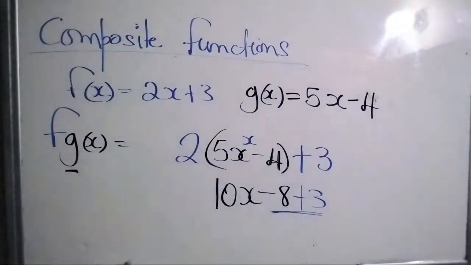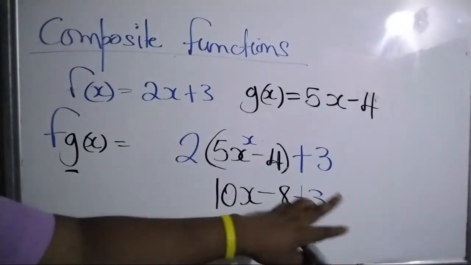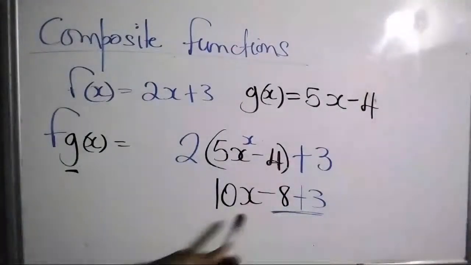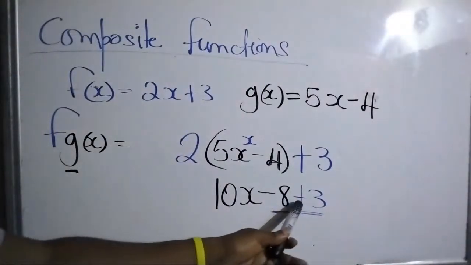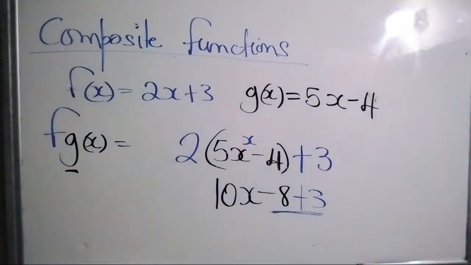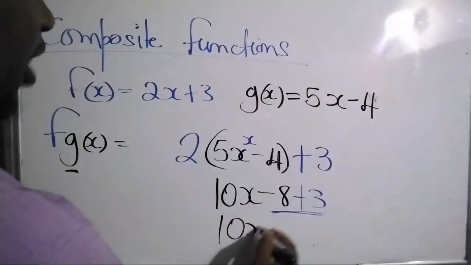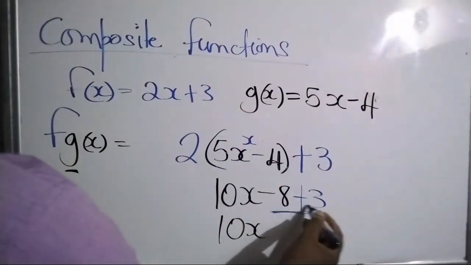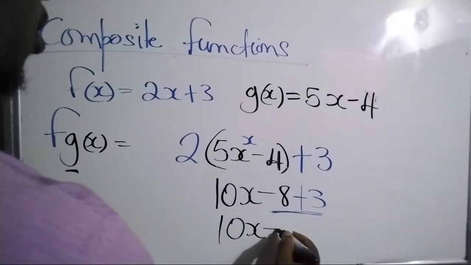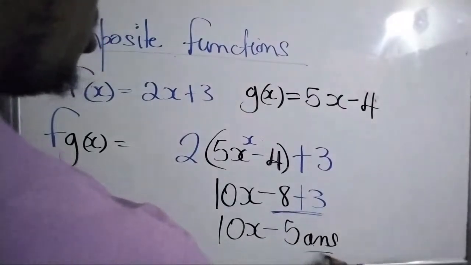A common error is students will say 10x minus 8 is 2, plus 3 is 5. No, guys, remember this has x. The only way we can add it is if this has an x in it too. It doesn't, so it would be right back the 10x, because that won't change. And then we simplify -8 plus 3, which gives us -5. And that is our answer.